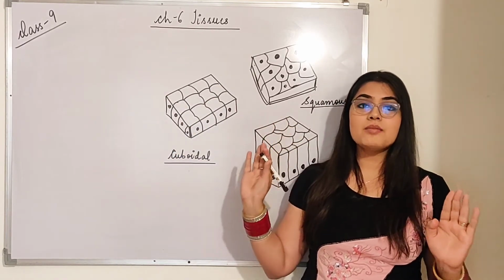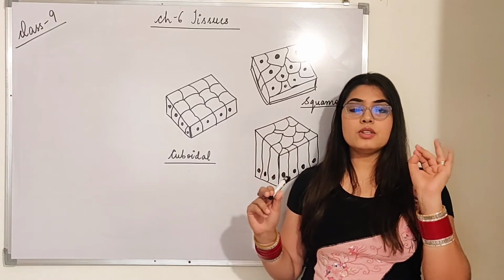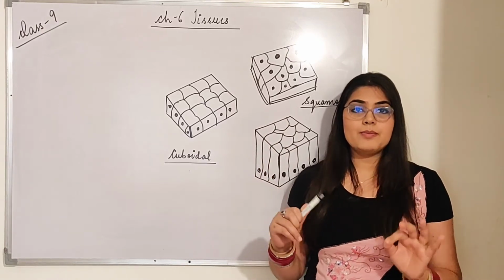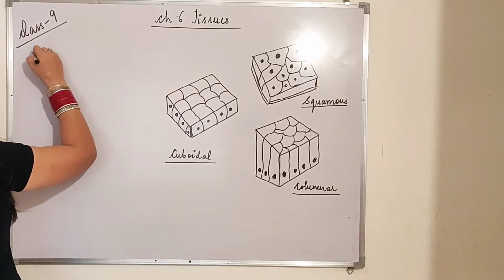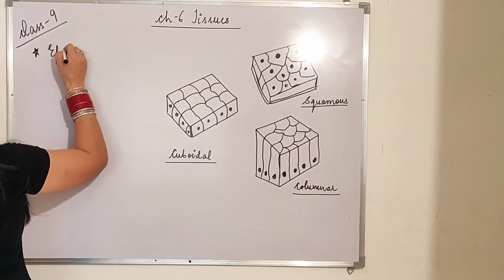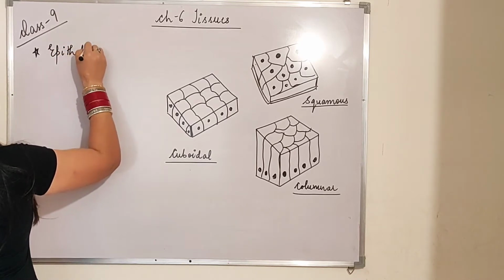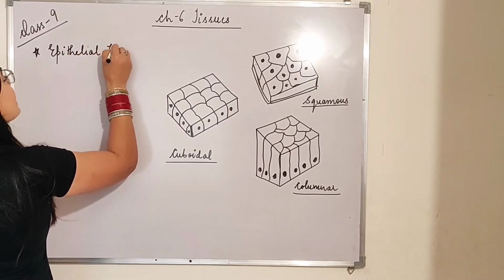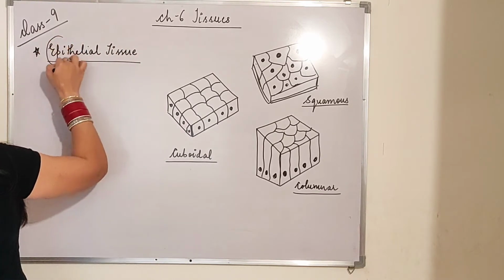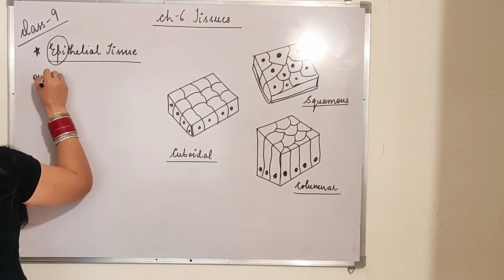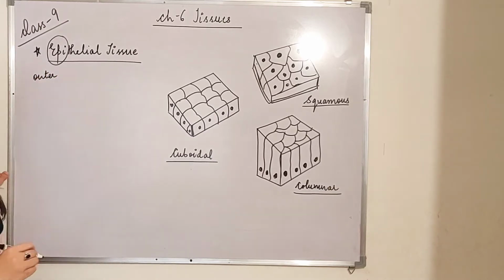I have drawn the diagrams and now I will be explaining you the topic very simply, easily. Okay, so let's get started with the epithelial tissue. So what is epithelial tissue? This I have told you in the previous video as well, that epi means outer. So outer tissue, right?